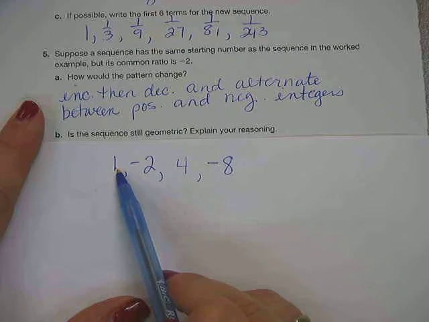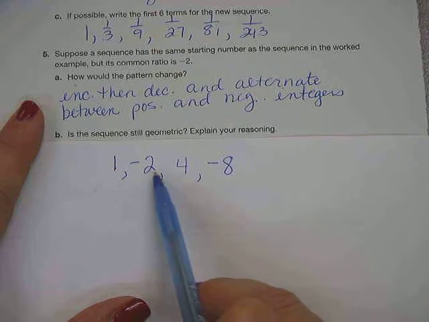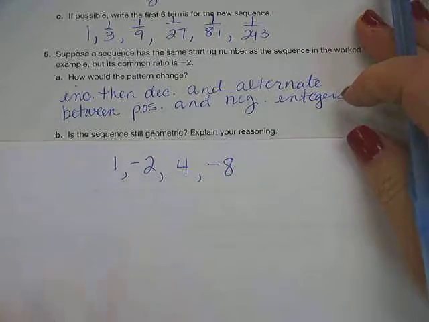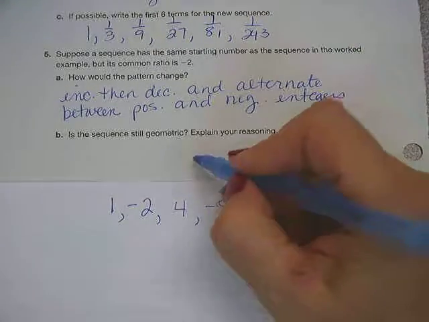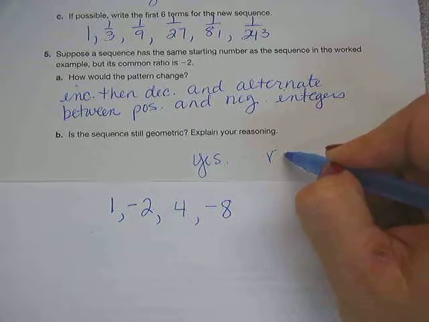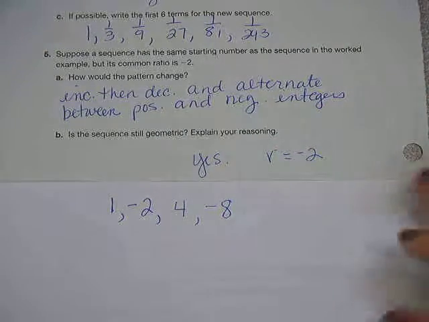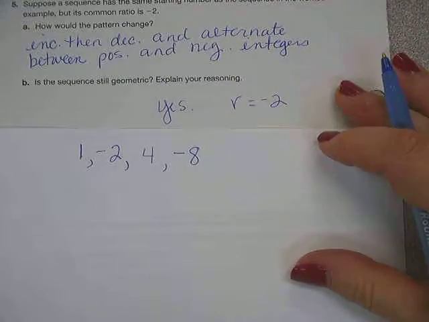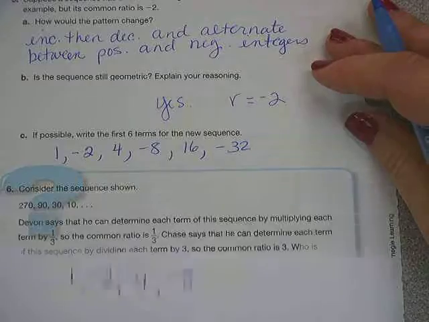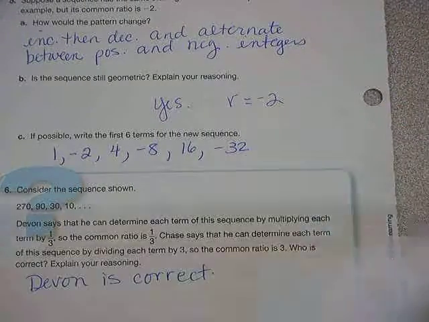So notice it goes from 1 down to -2, then back up to +4, then back to -8. Is this still geometric? Yes, because there's a common ratio of -2. We're still multiplying by the same value over and over again. And here's what this would look like.